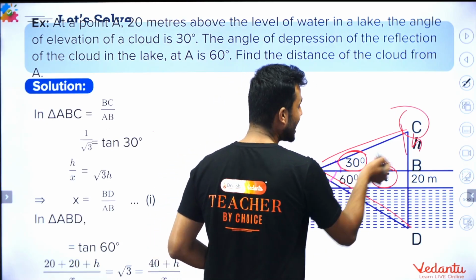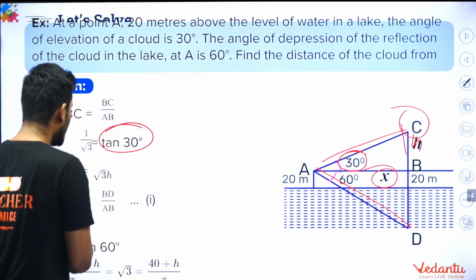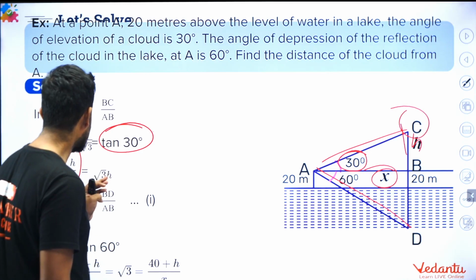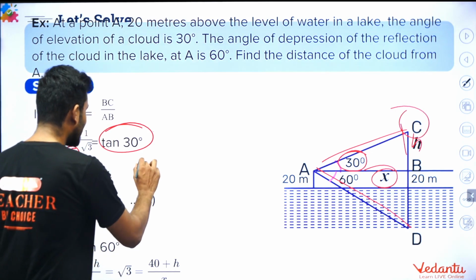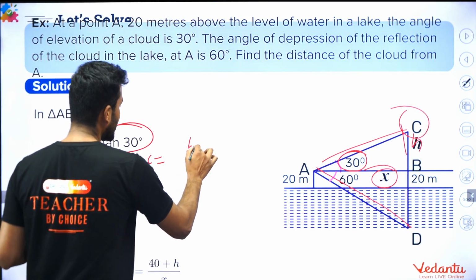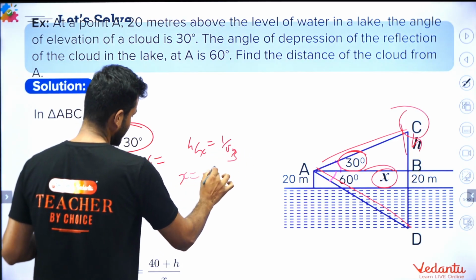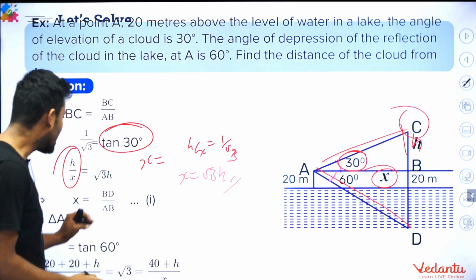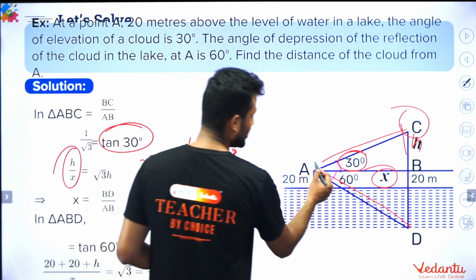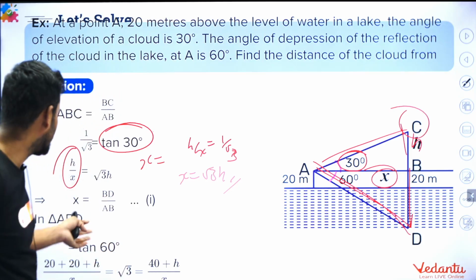Tan 30 is 1 by root 3, which is h by x. So x is equal to root 3 h. We got the x value. Then x is equal to AD by AB, by using that criterion.